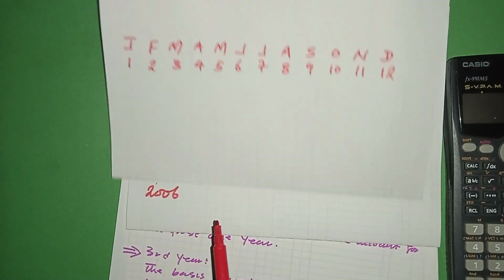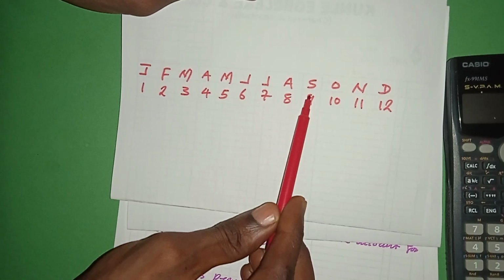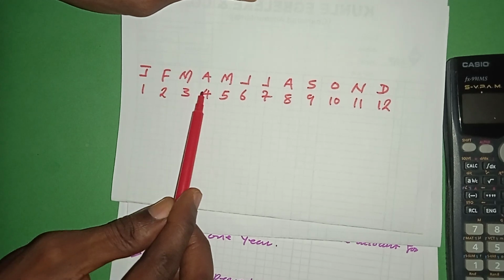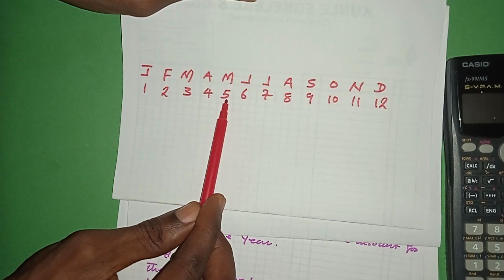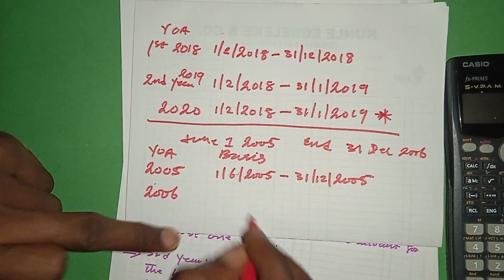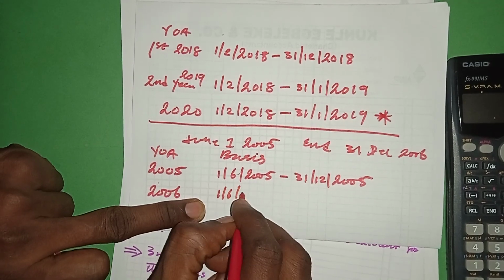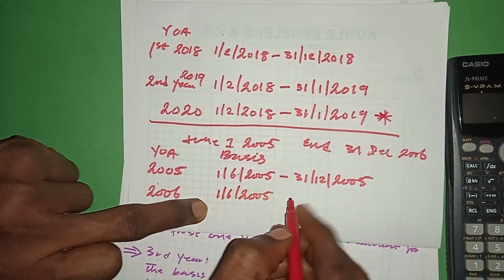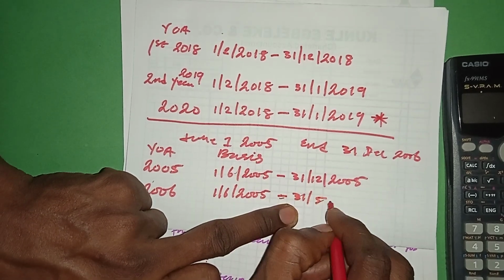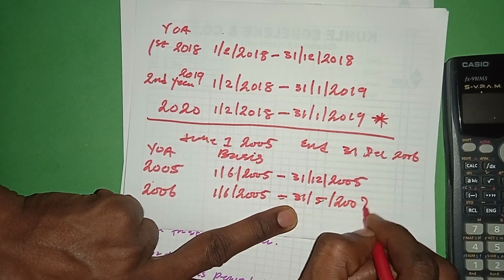You are going to include it in our counting. 1, 2, 3, 4, 5, 6, 7, 8, 9, 10, 11, 12. You're going to give it 31st May. So you come here, 1st 6, 2005 to 31st 5, 2007.